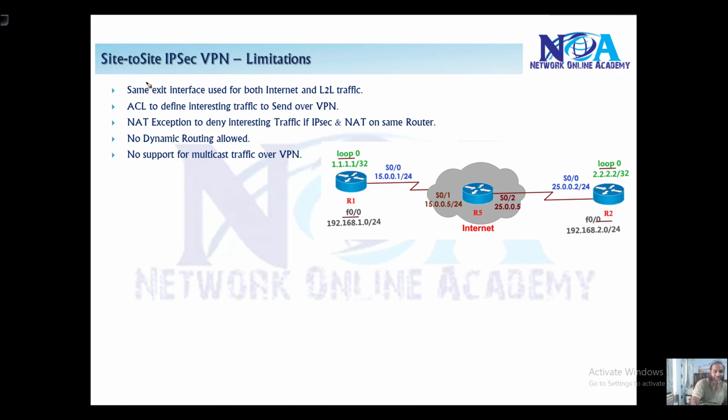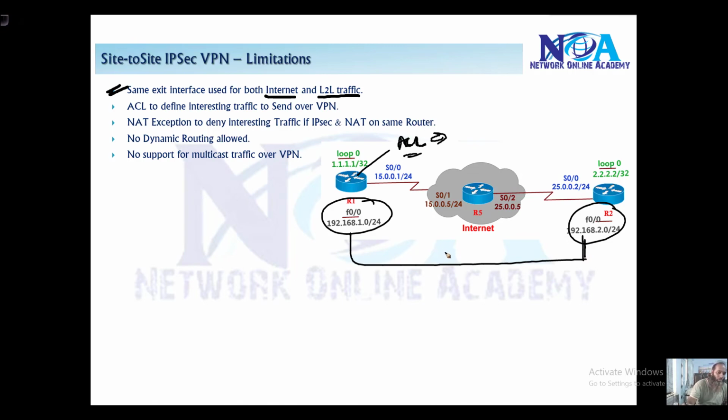And the other thing is the same interface is used for both internet as well as your normal LAN traffic. Now how this works is we are going to configure an ACL, if you remember, with an interesting traffic, saying that if the traffic is going from 1 dot network to 2 dot network, that is going to be secure, where IPSec is to be applied, and it lives on the same interface, because on this interface we are applying the crypto map.